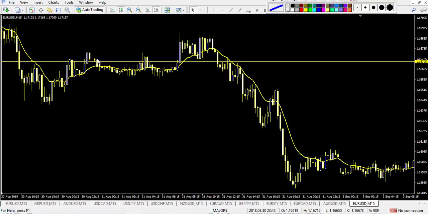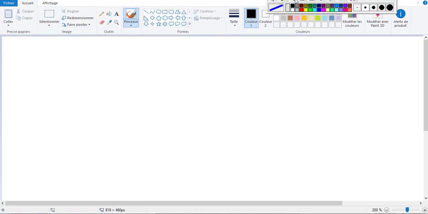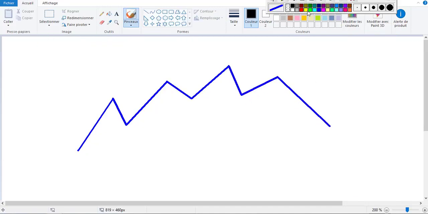Just to remind you the rules: if price goes up, let's say you have a nice level of resistance right here, and you have the 13 EMA right here, and break here and break here.